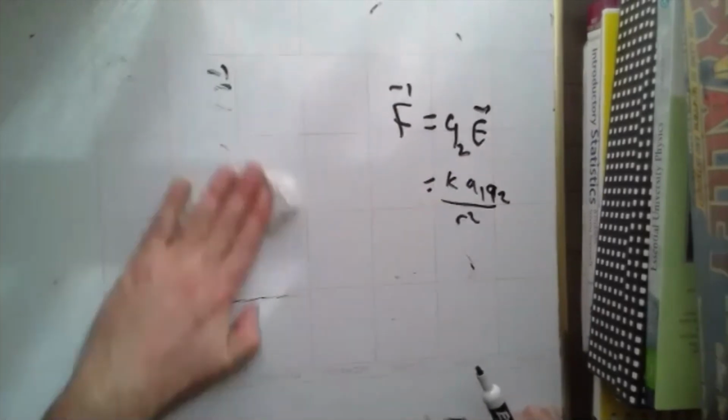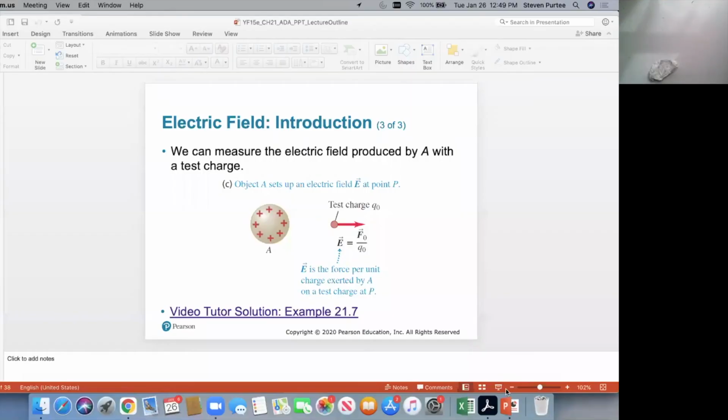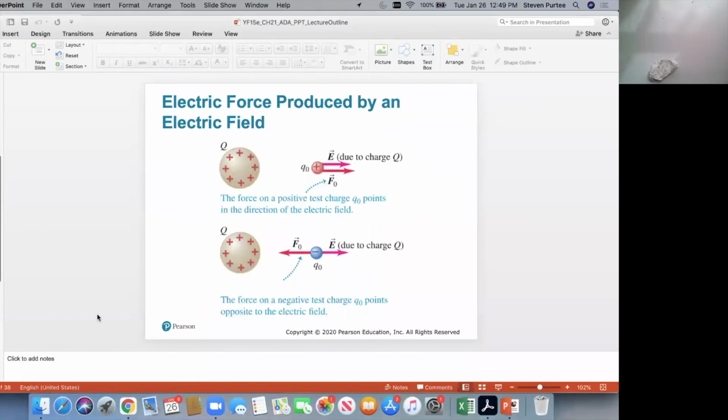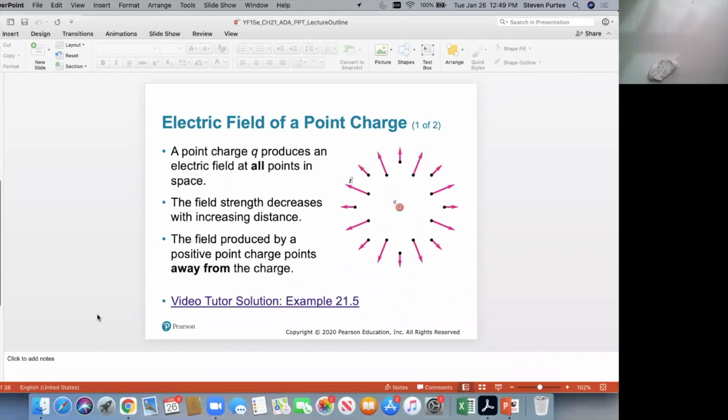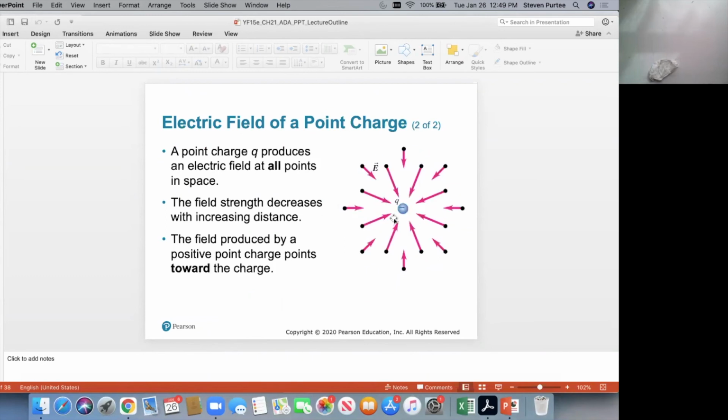Electric field lines show the field distribution from a fixed charge. Electric field lines point away from positive charges toward negative charges.